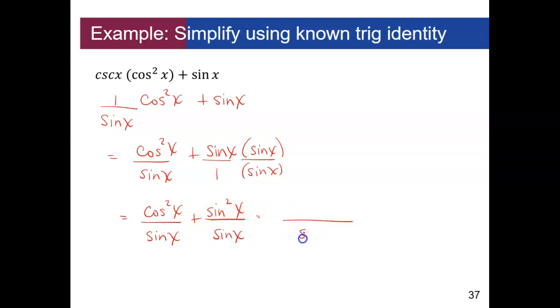Okay, I can put everything over sine. So I'll have cosine squared plus sine squared. And here is that known trig identity. So in the place of cosine squared plus sine squared, I'm going to put 1. And 1 over the sine of x is going to be the cosecant of x for my answer.